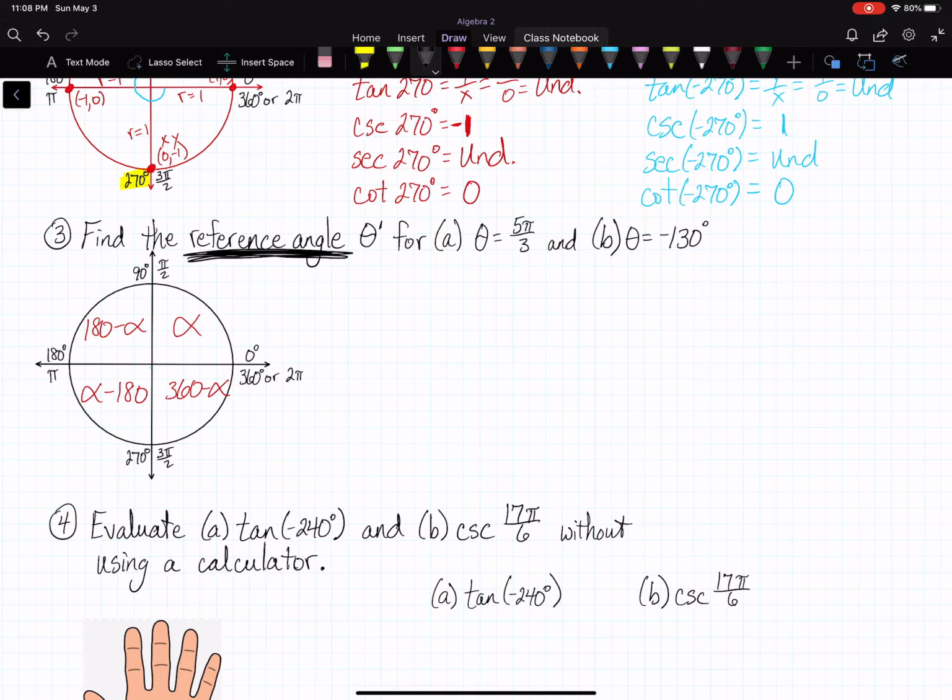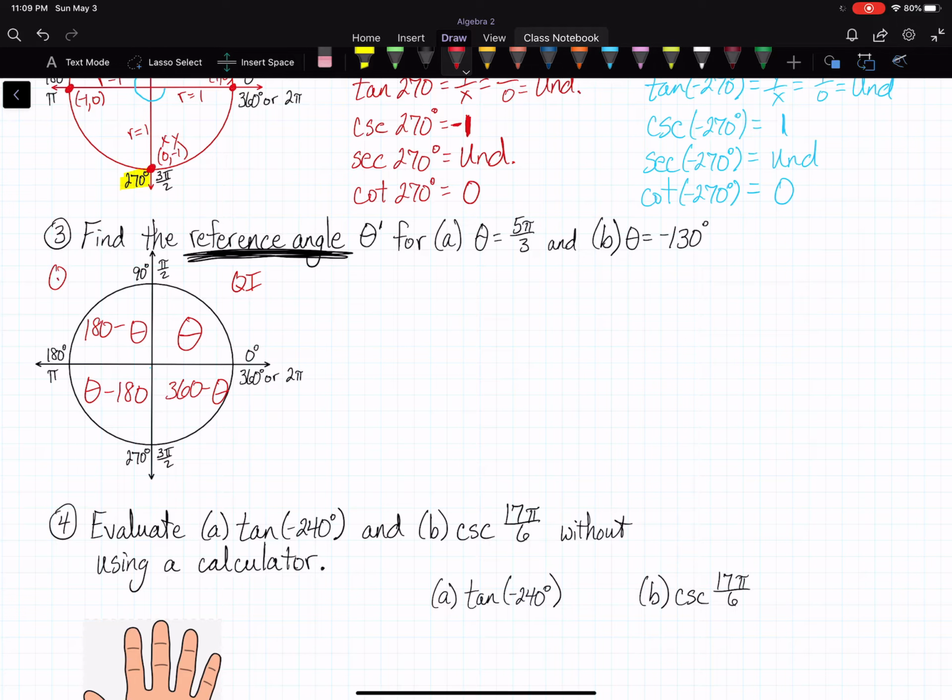And here's how you find the reference angle. I have this labeled alpha, but I'm going to change this to theta right now because we're using theta. It doesn't matter, all this theta is talking about is your angle. If it's in quadrant 1, your reference angle is itself, theta.